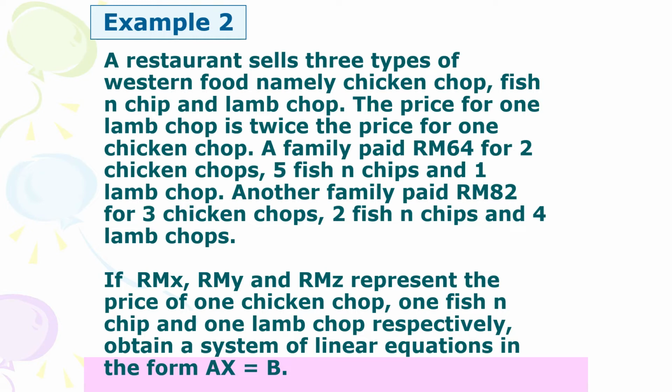Another family paid 82 ringgit for 3 chicken chops, 2 fish and chips, and 4 lamb chops. If x ringgit, y ringgit, and z ringgit represent the price of 1 chicken chop, 1 fish and chips, and 1 lamb chop respectively, obtain a system of linear equations in the form of AX = B.